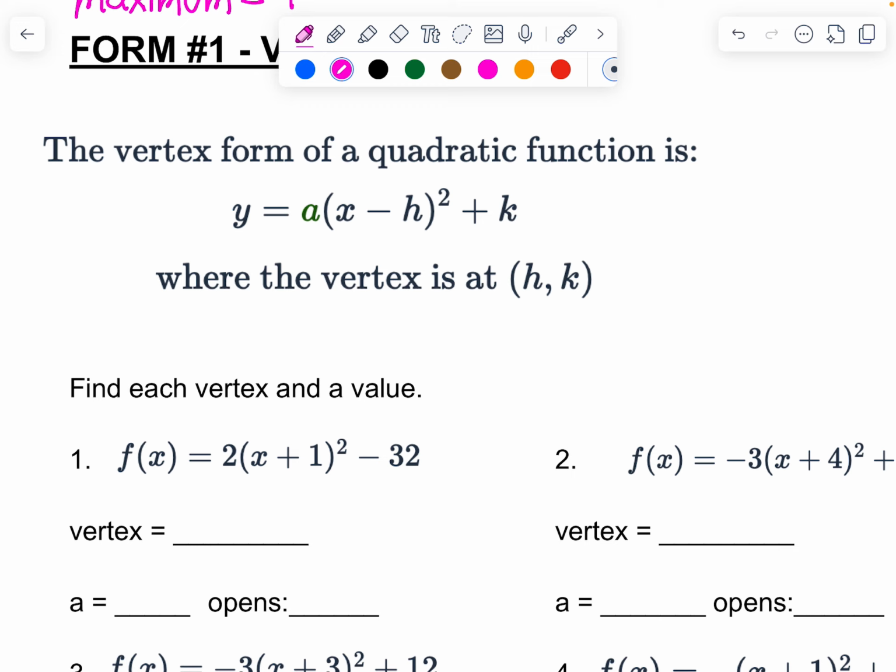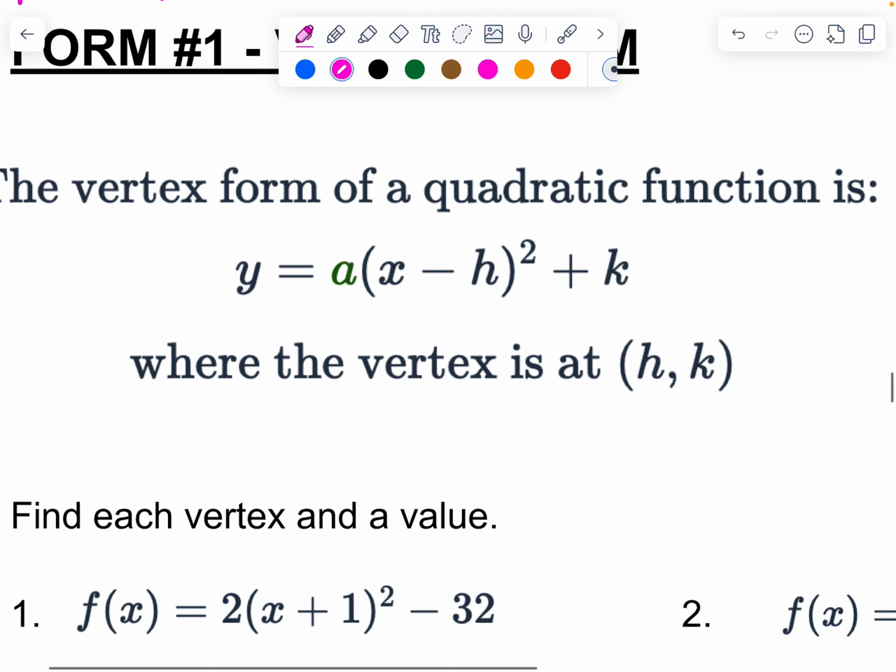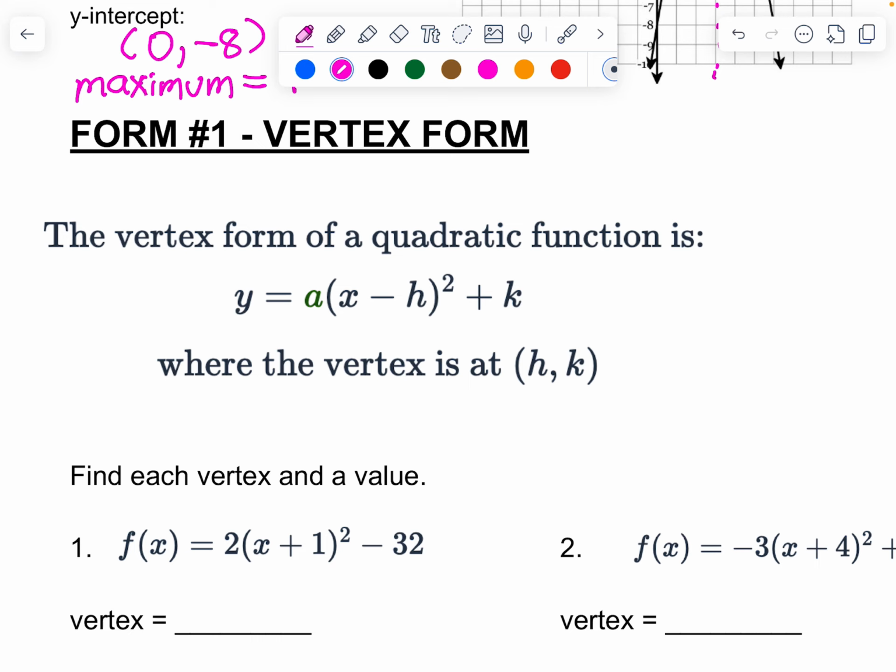Now, you notice that when we write out the form, there are some different letters that are going to be referred to when we have quadratics. One of them, obviously, is the A, which tells us how it opens, up or down, and skinny or fat, kind of what you already knew from your transformation experience.